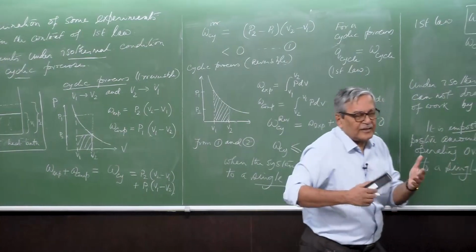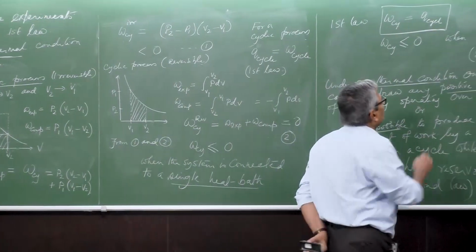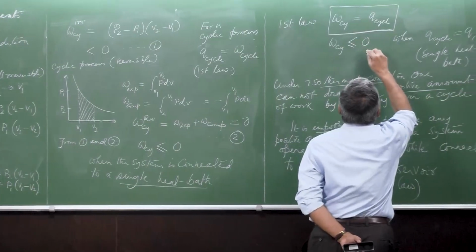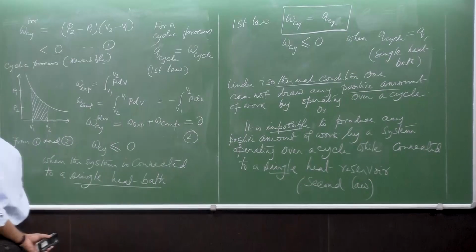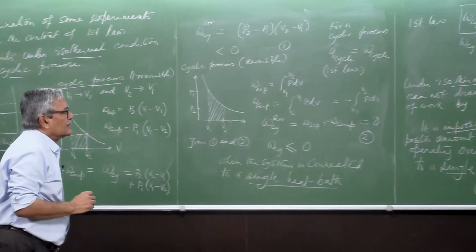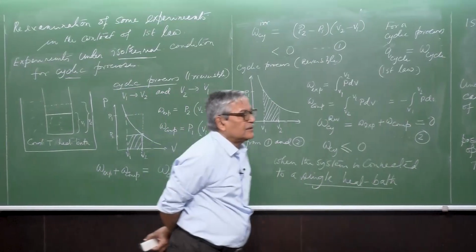So, the second law may be stated in various ways, just as I stated the first law in a cyclic form, or in the discrete version when introducing internal energy.